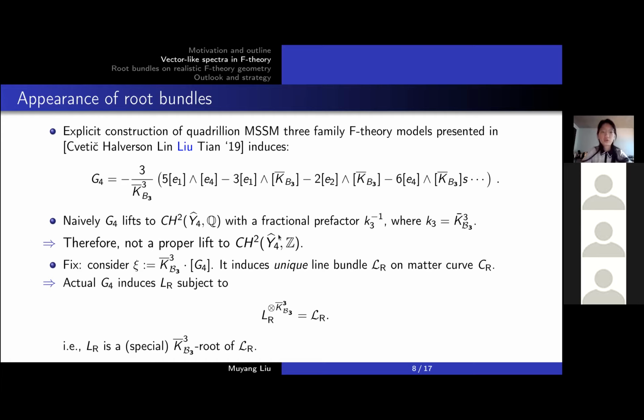Therefore, the actual G4 induced L_R is subject to this condition, such that L_R to the power of K-bar cubed is equivalent to the curly L_R, which sits inside the H^{2,2} over Z. And we call the straight L_R a special K-bar cubed root of curly L_R. That's what we call the root bundles.